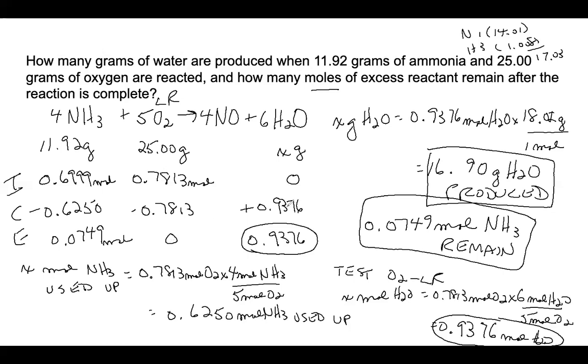This product amount you get from the reactant that gave you the less amount. And then you do one more mole ratio to figure out the amount of the excess reactant that actually got used up. And then if you need to, you can change the moles that you get at the end into grams, depending on what the question asks. All right, that's it.